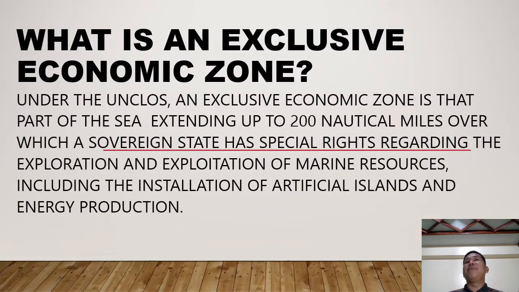And then also we have the so-called exclusive economic zone. Under the UNCLOS, or the United Nations Convention on the Law of the Sea, an exclusive economic zone is that part of the sea extending up to 200 nautical miles over which a sovereign state has special rights regarding the exploration and exploitation of marine resources, including the installation of artificial islands and energy production. So that is the 200 nautical miles exclusive economic zone.